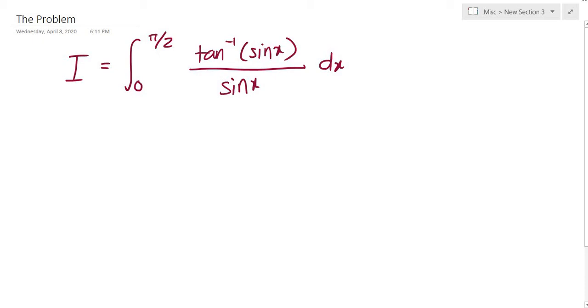Now, looking at the structure of the integrand, you might be tempted to somehow use a Taylor series, but I'm telling you right now that doesn't end up in a good place.